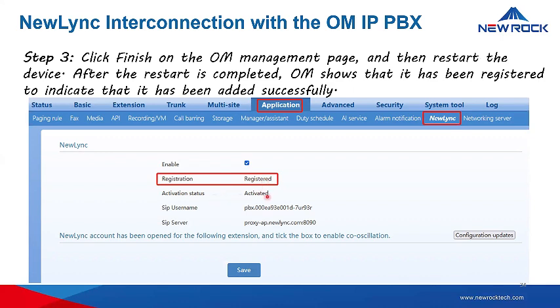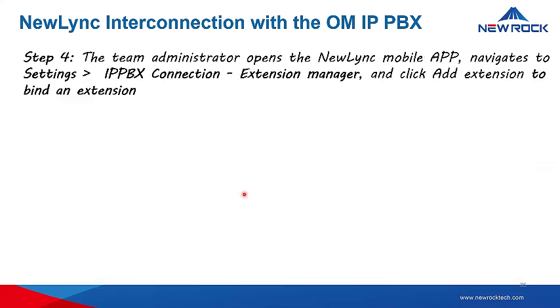The status is activated. You can see the SIP username, and of course, you need to restart your device to make sure that everything works perfectly and the registration is successful. After restarting, you will see the status.